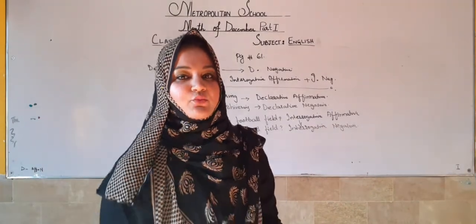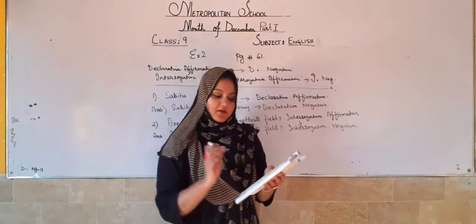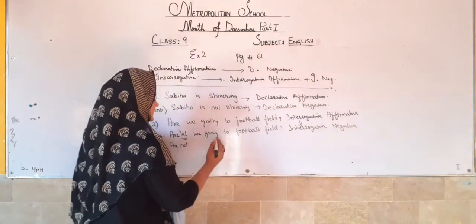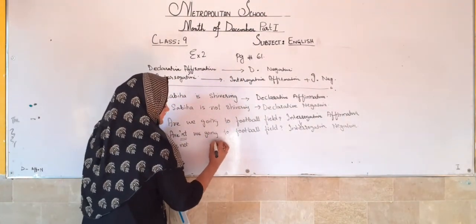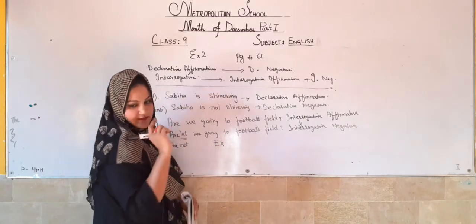Now I am going to move on to exercise number 3, which is also on page number 61. I think I should erase it, okay?